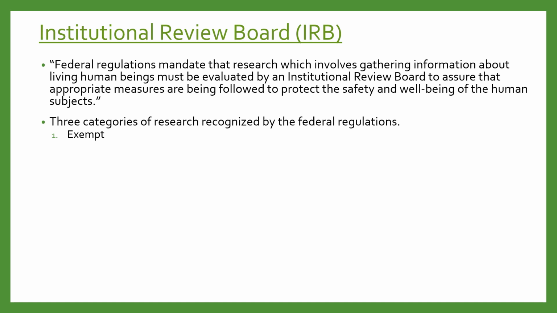And exempt research does not require the investigator to obtain written informed consent from human subjects. So research involving the use of educational tests like cognitive diagnostic, aptitude or achievement tests, or just basic survey procedures, or even interview procedures or observations of public behavior are exempt, unless they focus on vulnerable populations.